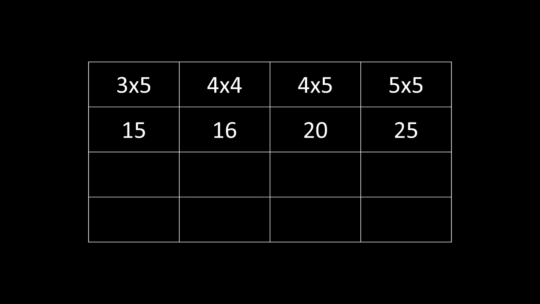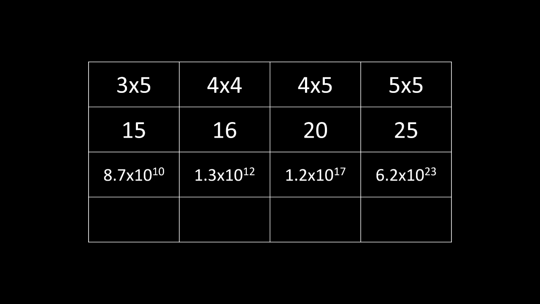15 sections required us to check 8.7 times 10 to the 10 permutations, and 16 sections required us checking 1.3 times 10 to the 12. To calculate 20 would require 1.2 times 10 to the 17, and 25 would require 6.2 times 10 to the 23 permutations.